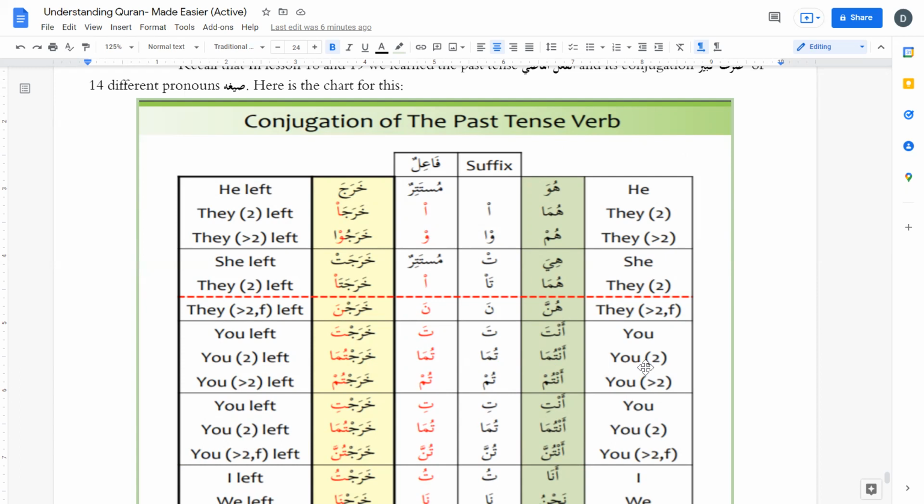Second person is the person who is there and listening, right? So if someone is there, we use pronouns like you or you all. For two persons I'm talking to, I also use the same pronoun you in English, but in Arabic it's antuma, right? So we have different endings of past tense, fi'l madi, according to the different fa'ils.